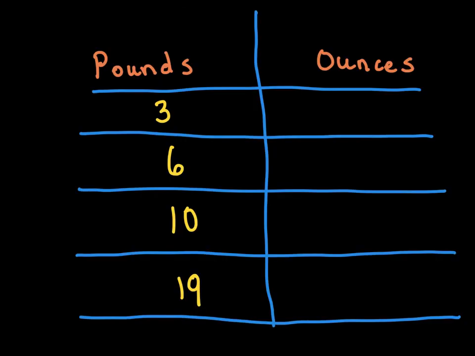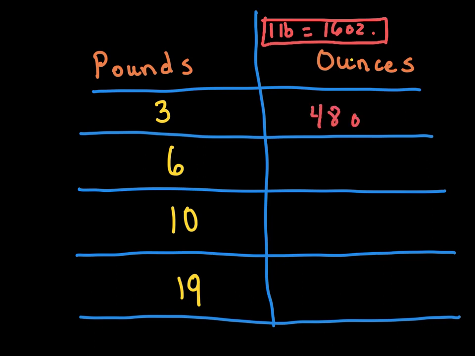All right, let's fill in the chart. 3 pounds is equal to how many ounces? Well, let's remember that 1 pound is equal to 16 ounces. And then we can fill this up. You need to remember that conversion. So 3 pounds, how many ounces are in 3 pounds? Well, you have 48 ounces.